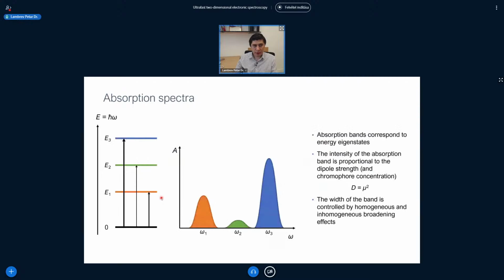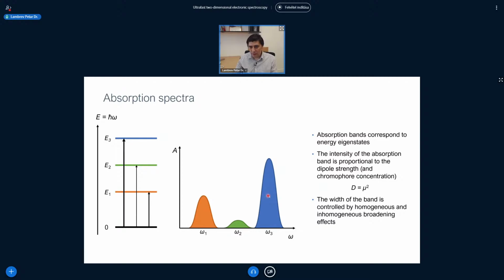So the absorption spectrum is just a neat reflection of the electronic structure of our molecule. It has bands which correspond to electronic states, and the band position in frequency corresponds to the energy of the states. The band intensity corresponds to the probability that the transition will occur, which is something to do with the dipole strength or the square of the transition dipole moment of that particular state.